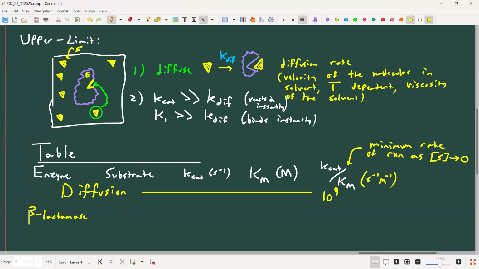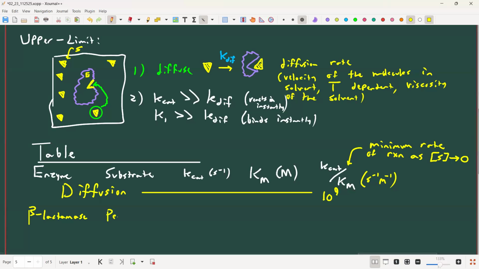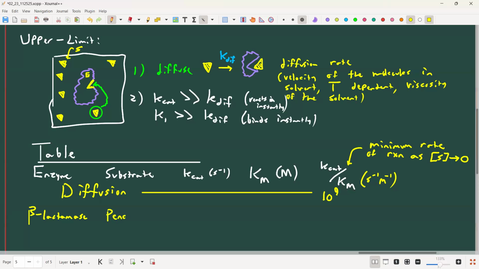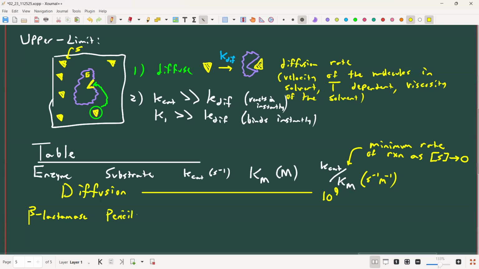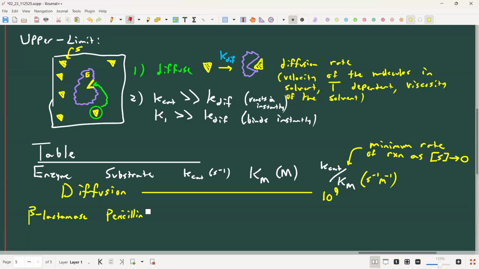One of the molecules that it works on is penicillin. Bacteria that express large amounts of this beta lactamase, which breaks the beta lactam ring, are very effective at stopping antibiotics. Penicillin is a beta lactam.